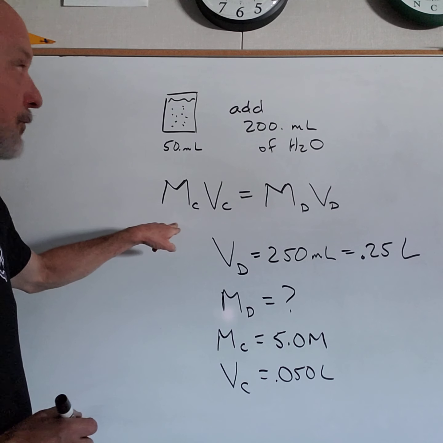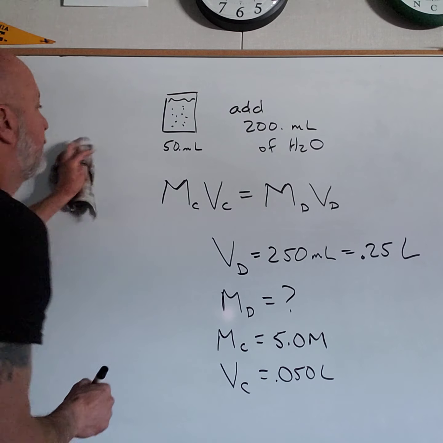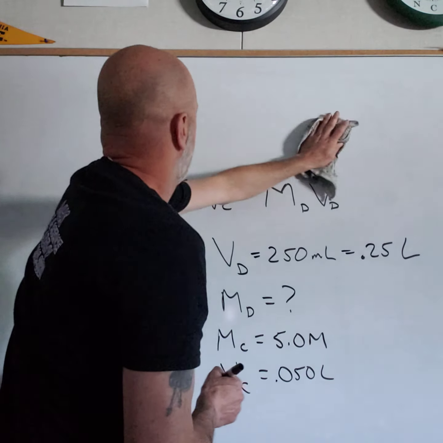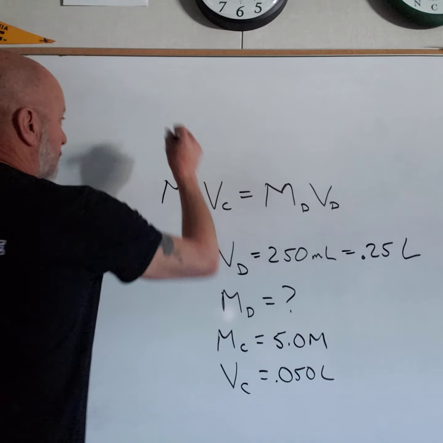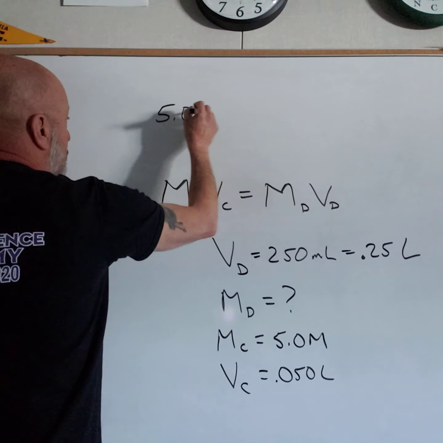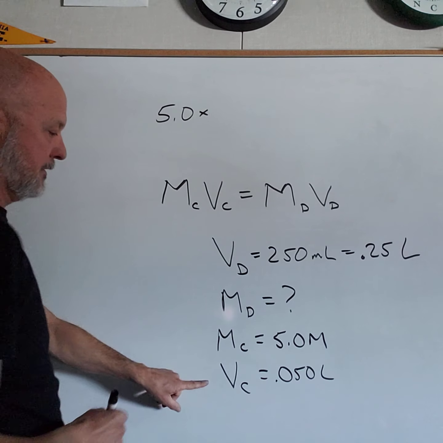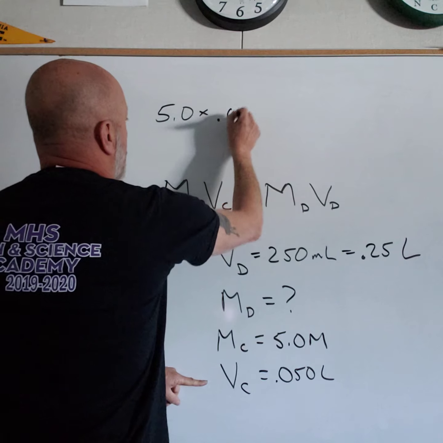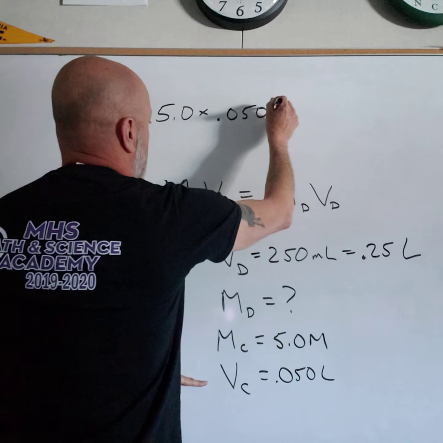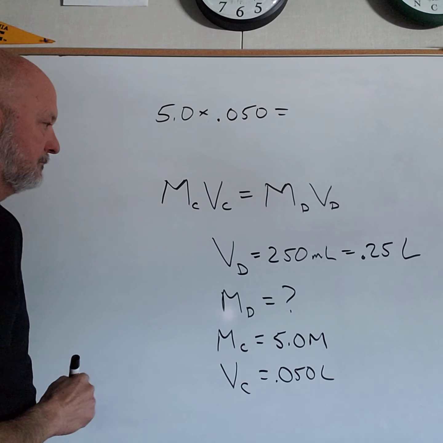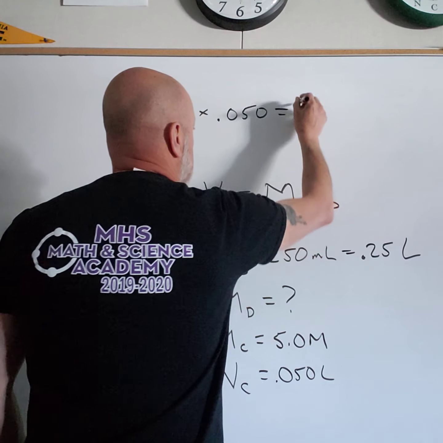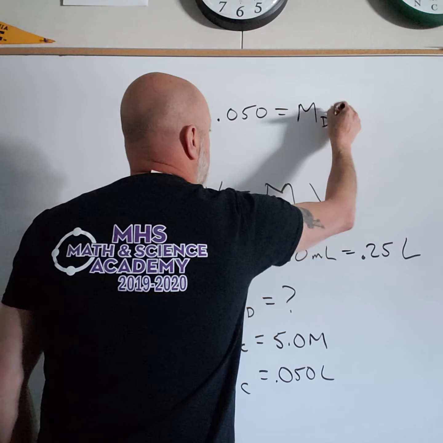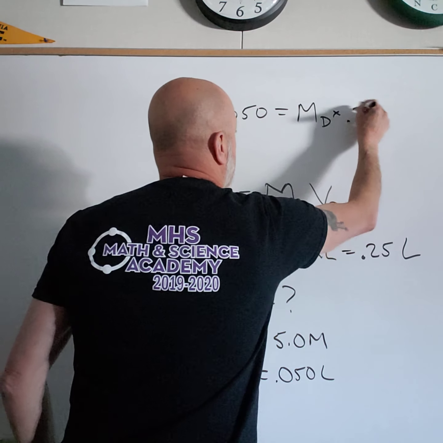Let's plug that into this equation and solve. Dropping units momentarily, 5.0 times 0.050 equals molarity diluted times 0.25.